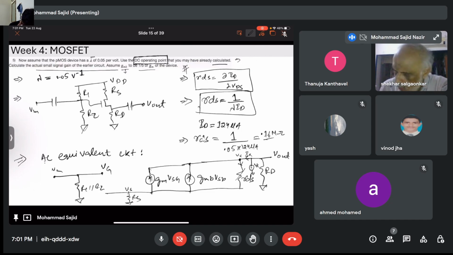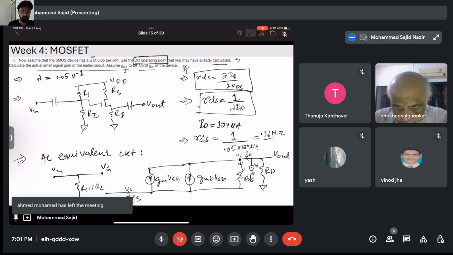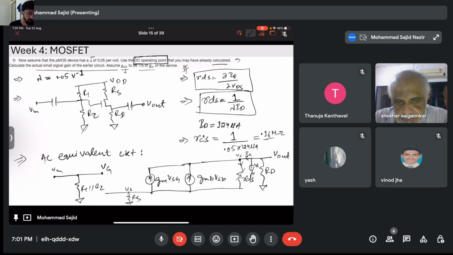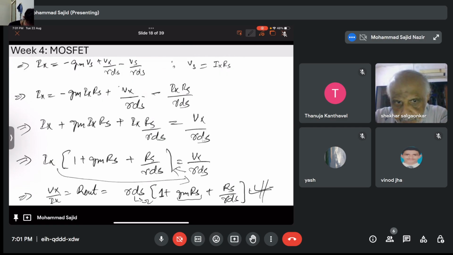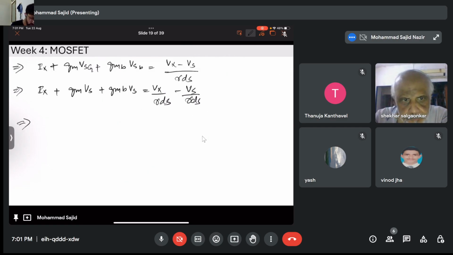Here is the circuit. So, okay, this is the equation.